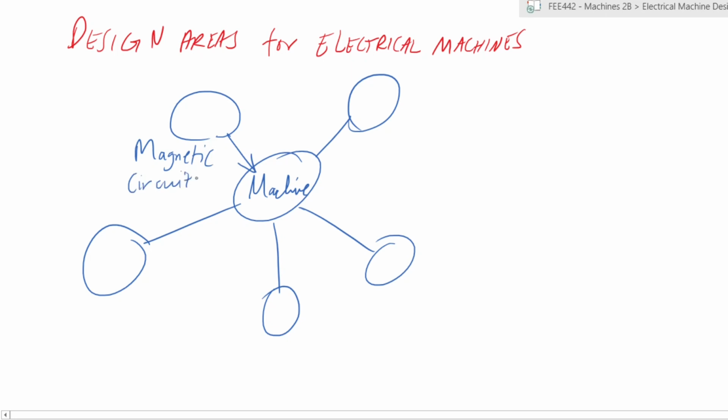Definitely, the very principle of electrical machines requires you to have a magnetic circuit and an electric circuit. Both of these must form part of the components of your machine.